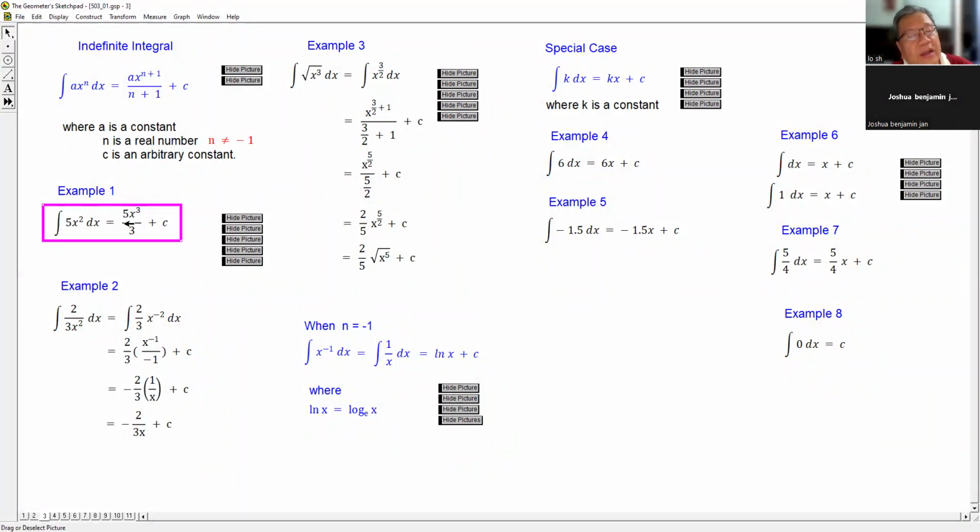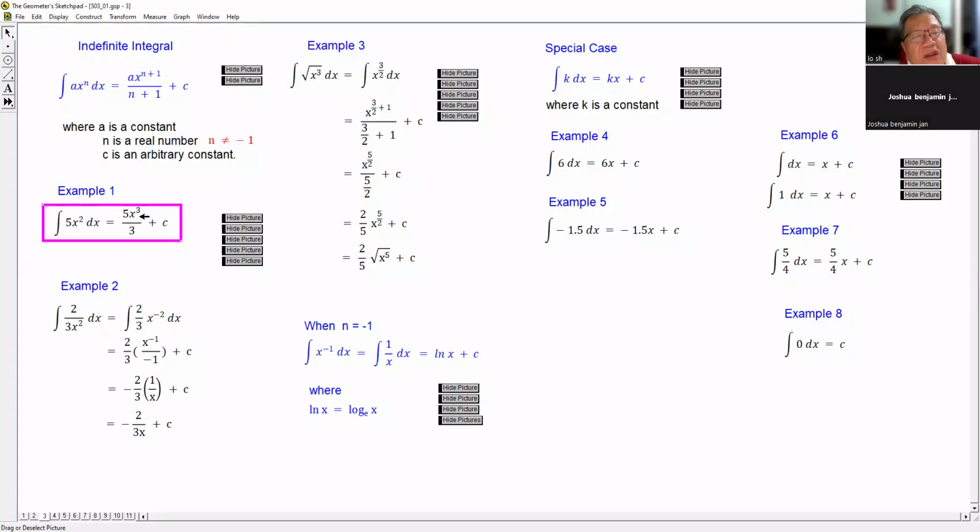Don't do anything to the number. Then the x squared, you plus 1. Plus 1 becomes x cubed. Then divide by, not 2, but divide by 3, the new index. Then plus c. So this is the answer.